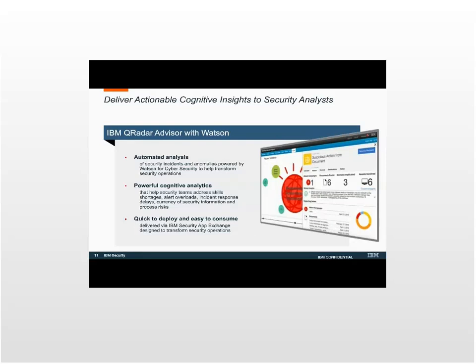QRadar Advisor is an application that sits on top of your QRadar environment. It automates that local analysis. It automates looking up information and consulting with Watson for Cybersecurity for the information that's relevant for that incident. And it refines that information and brings it in a concise way, presents it to users.